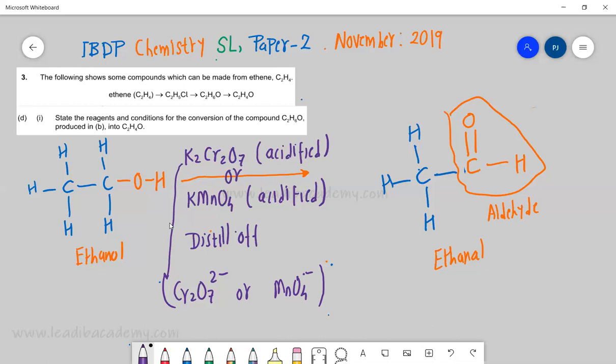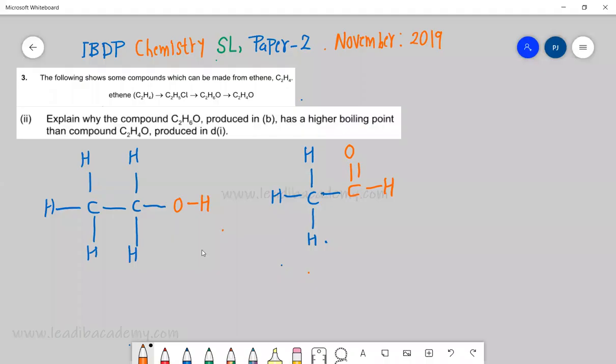Okay, interesting. So continuing with 3D2, explain. Let me make it very clear that what we are referring to is 3D2. Explain why the compound C2H6O, that means they are asking about this, produced has a higher boiling point.